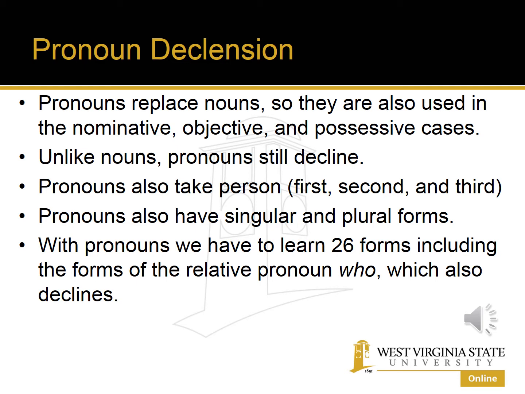In addition, pronouns take person, first, second, and third, and have both singular and plural forms. So unlike a noun, where we only have to learn a singular and a plural form, with pronouns, we have to learn 26 forms. Then in addition, there is the relative pronoun who and whoever, which also decline.